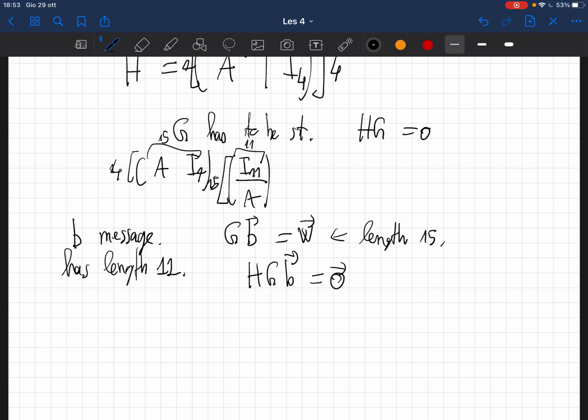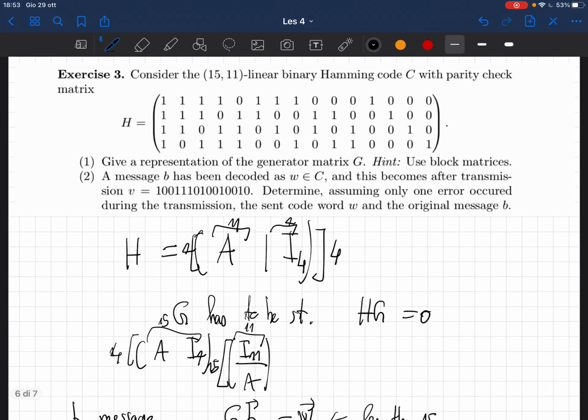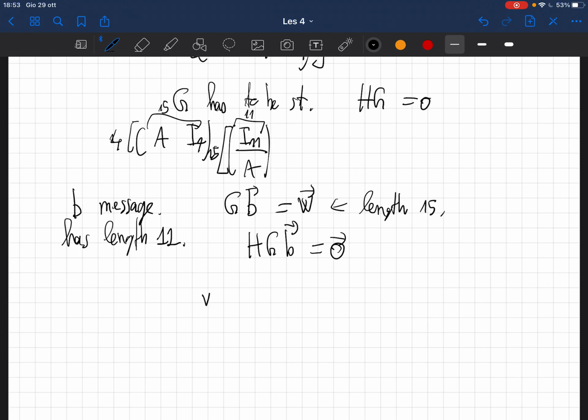So we'll actually get, after the transmission, some message, which is going to be this V, and it's not correct. We have just one error, just one. How do we know where the error is? Well, we have to think a little about this.